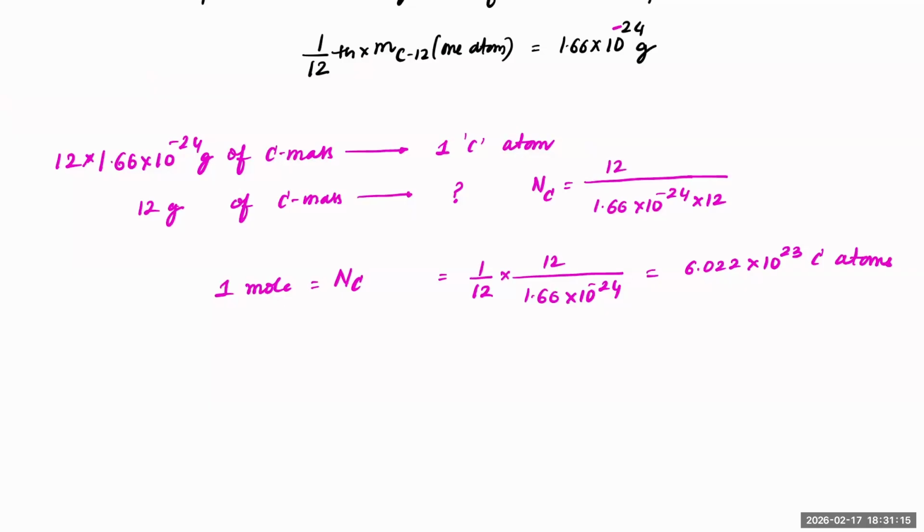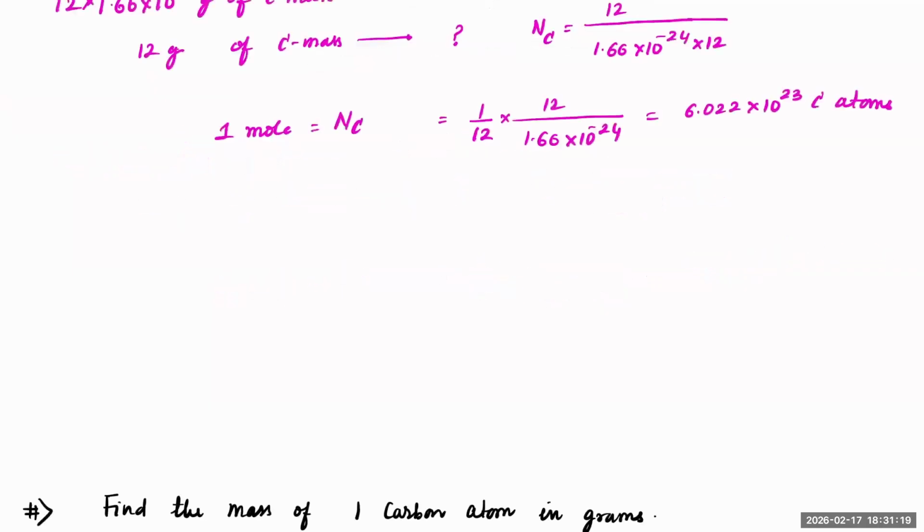And this is also termed as Avogadro's number. So Avogadro's number Na is 6.023, or sometimes you take it as 6.022 or 6.023, doesn't make any difference, into 10 raised to power of 23 entities. So these many entities define Avogadro's number.